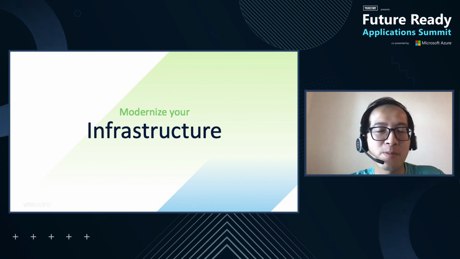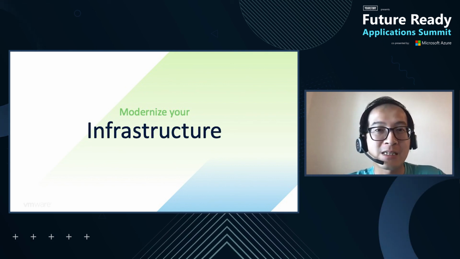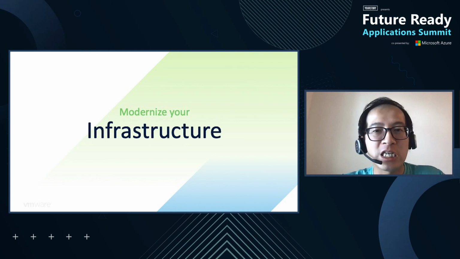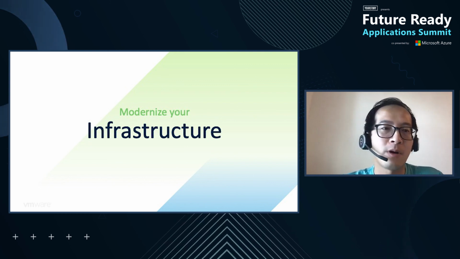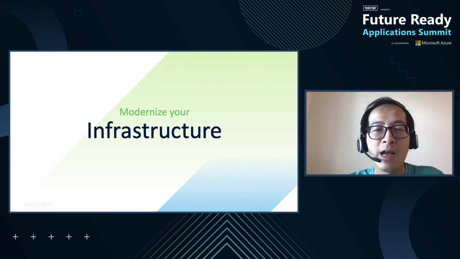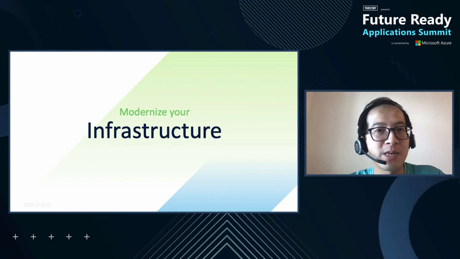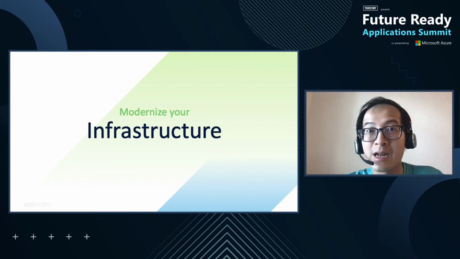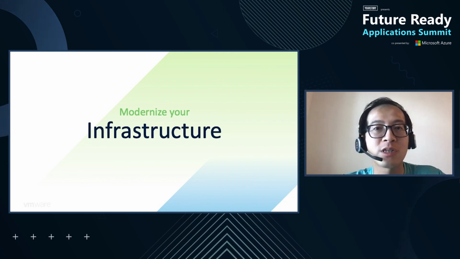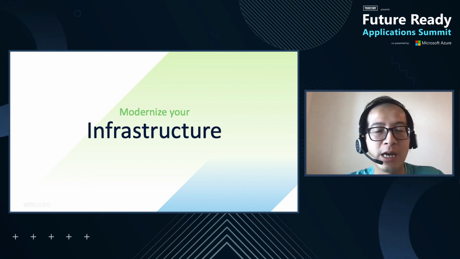We have a product called Tanzu Kubernetes Grid, or TKG. Tanzu Kubernetes Grid runs on-prem and also on cloud. And obviously, Tanzu Kubernetes Grid at its core is a Kubernetes that runs your container images, that runs your applications.